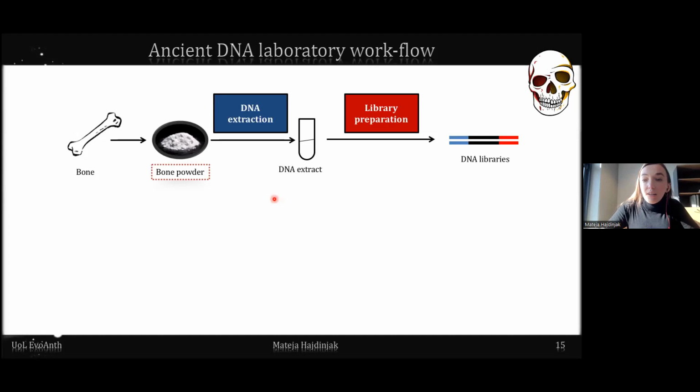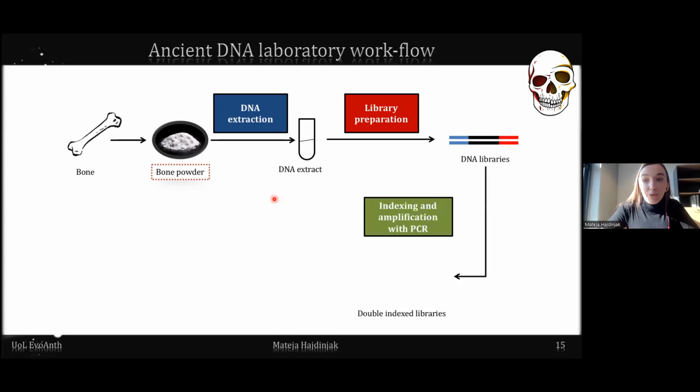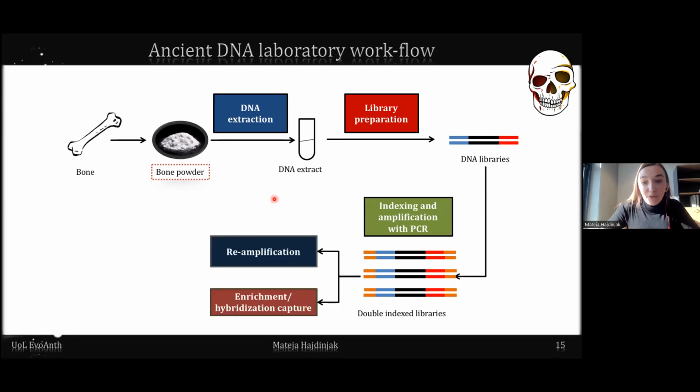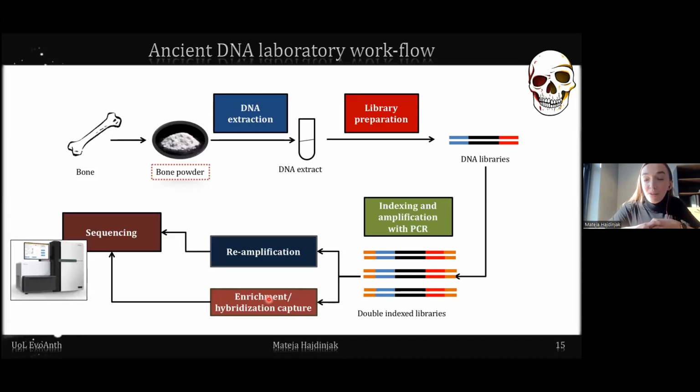And because the amounts of DNA we have in the ancient specimens is so small, what we usually need to do is amplify that DNA and tag it with specific different sets of oligos at the ends. And after that, you can either sequence your DNA libraries directly on a sequencer, or you can enrich DNA libraries for certain regions in the genome that are of your interest, and then sequence them after that.